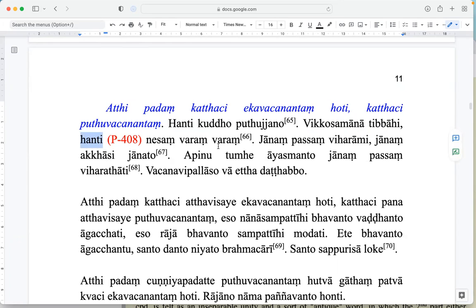Maybe this one is plural, but I don't catch the meaning. So here kodo butojono, angry ordinary persons, handi, kill, right? And so kosa mana jonya, abusing. So they bahi.